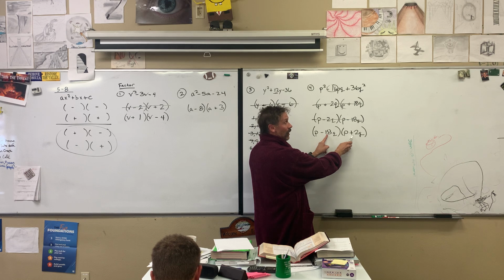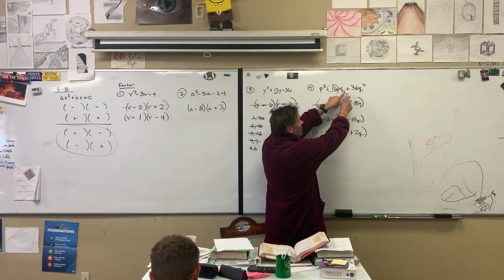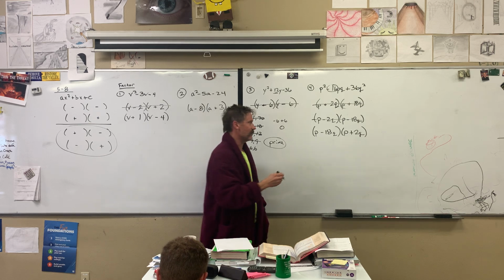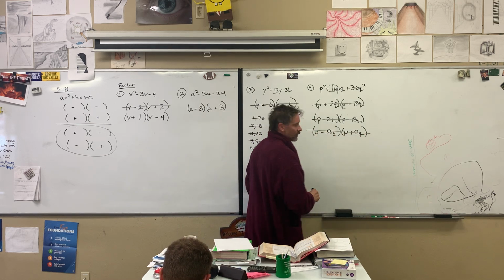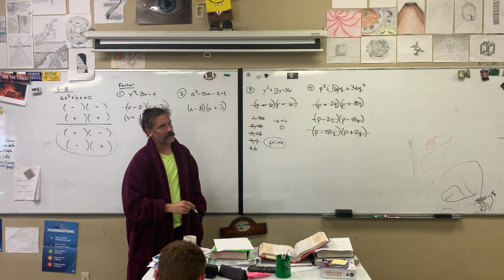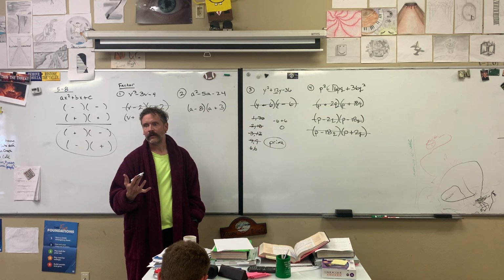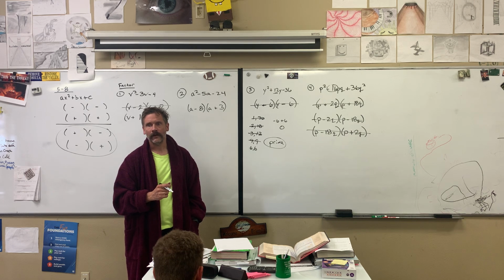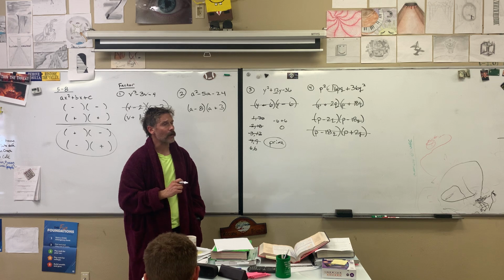Negative 18 and a positive 2 will give us a negative 36. Do we want a negative 36? No, we want a positive. So that one doesn't work either. You have to be careful with that, a little tricky. So if that is what it looks like, what do we end up with again? Prime.